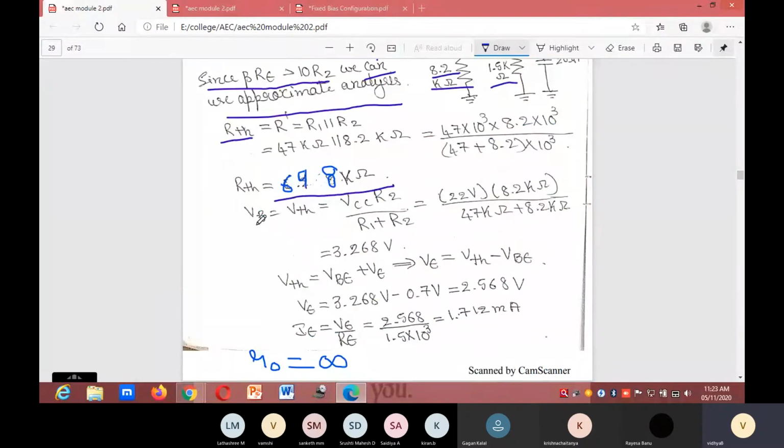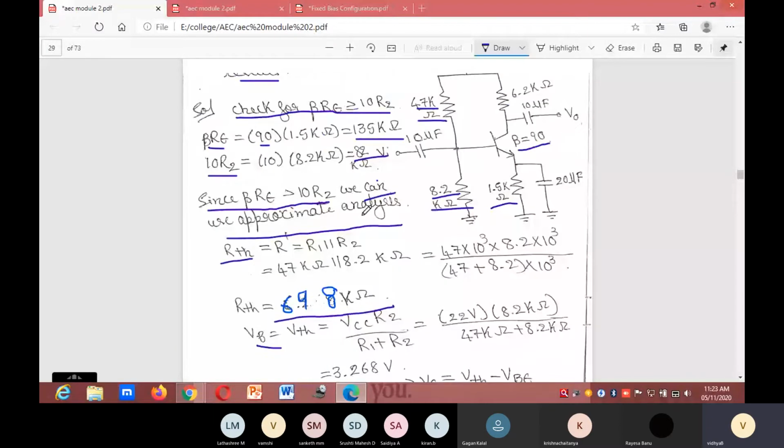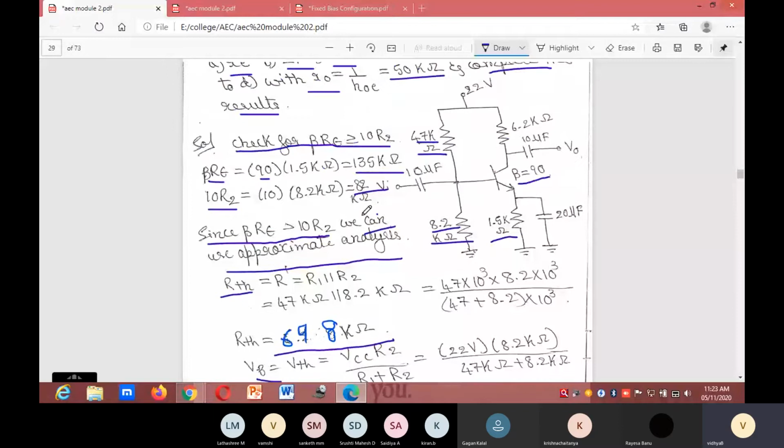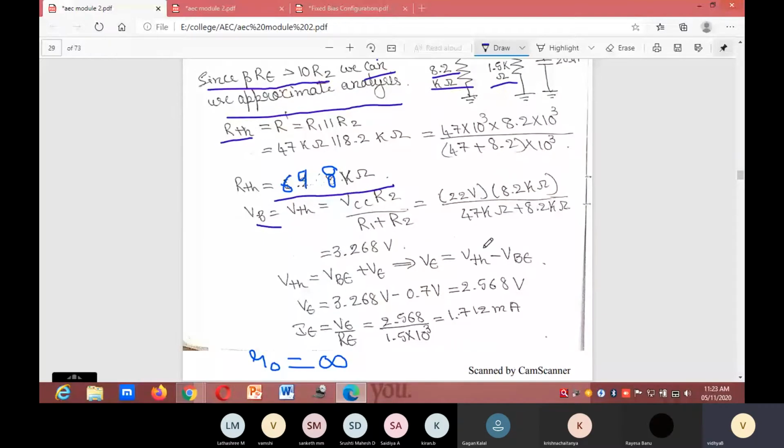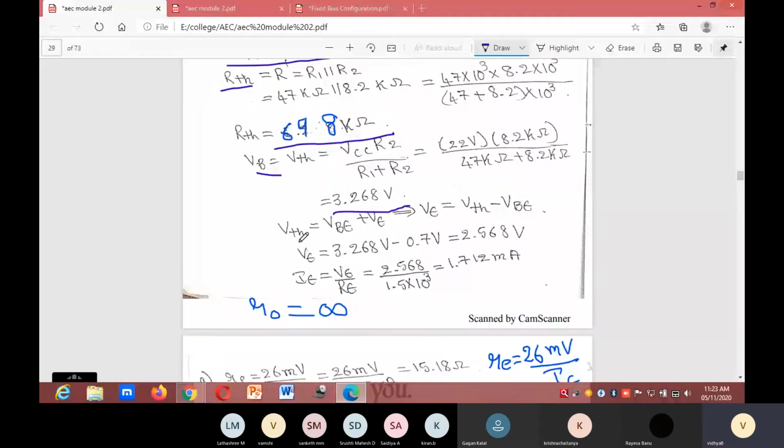Okay, VB is equal to what? VCC into R2 divided by R1 plus R2. We know the value of VCC, that is 22 volts. So substitute. R2 value is 8.2 kilo ohm, R1 value is 47 kilo ohm. If you substitute, you will get 3.268 volts. Okay. Next, VTH is equal to VBE plus VE.